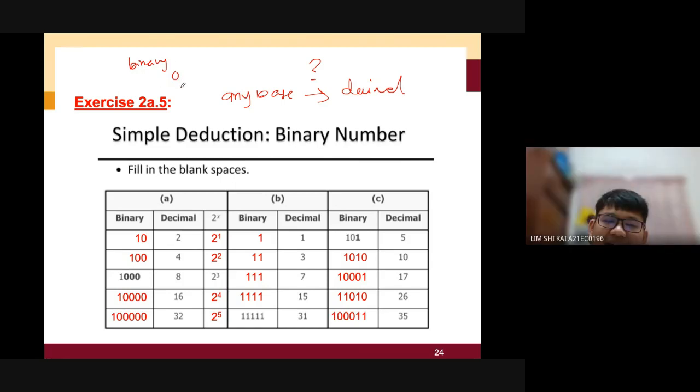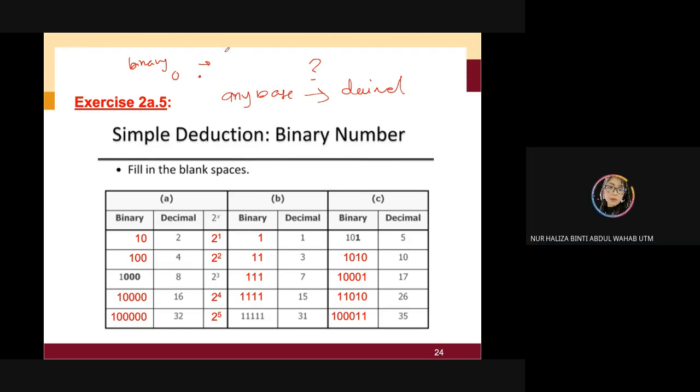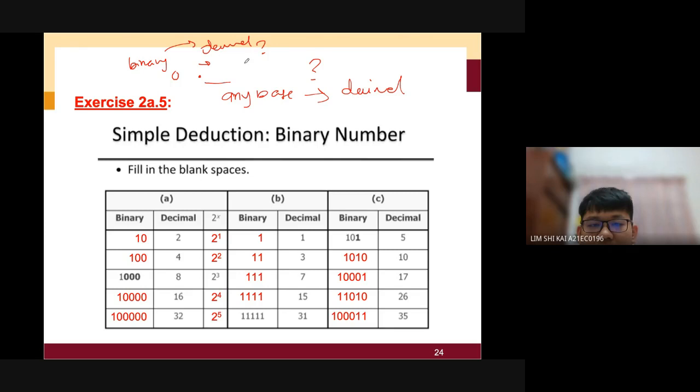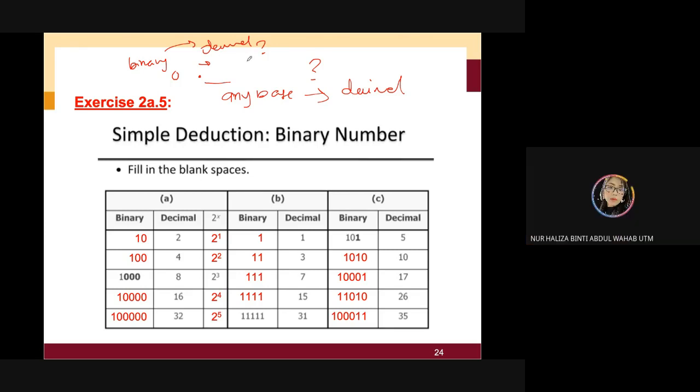Then besides the fraction part, we cannot use a calculator to calculate it. Oh, you want to convert binary to decimal? Yes. But the fraction part cannot be calculated using the calculator. I think maybe the calculator has a limitation. So we need to calculate ourselves.